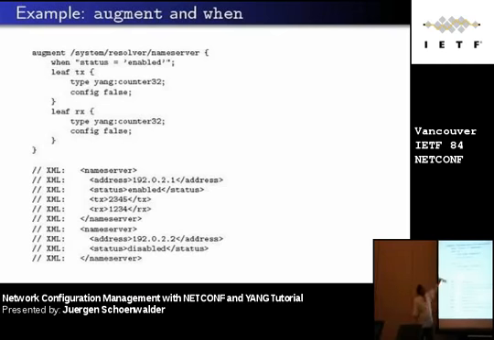So I'm checking if the status of the system resolver name server, for that list instance, is enabled, then these counters apply. If I'm having a name server in there which is not enabled, don't expect the counters to be there. So that's what you would get in the XML representation.